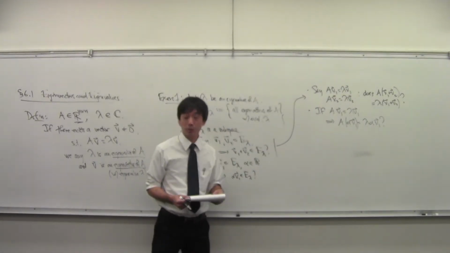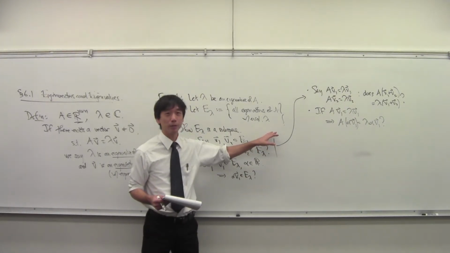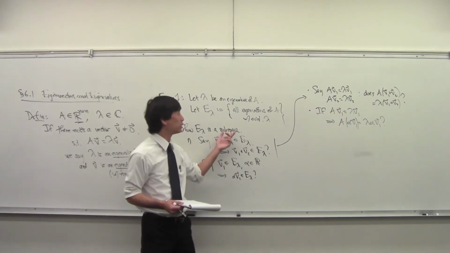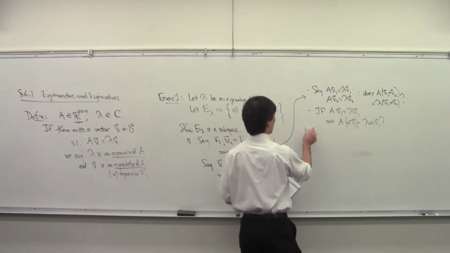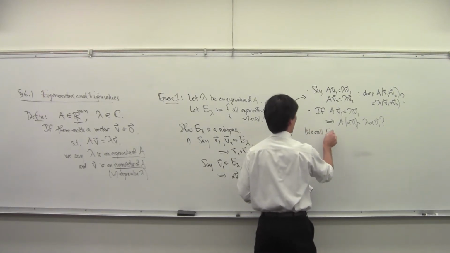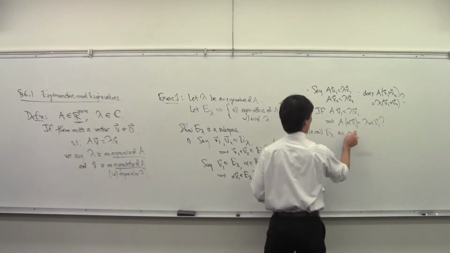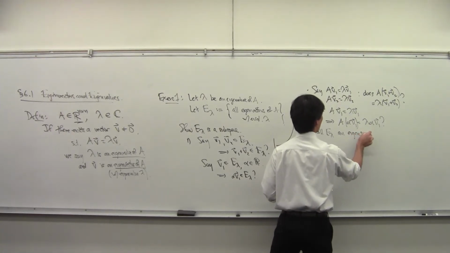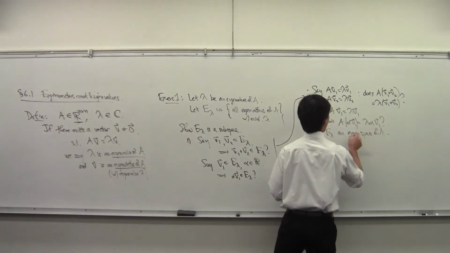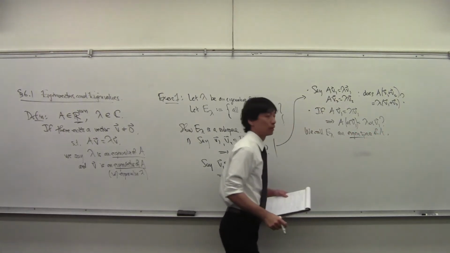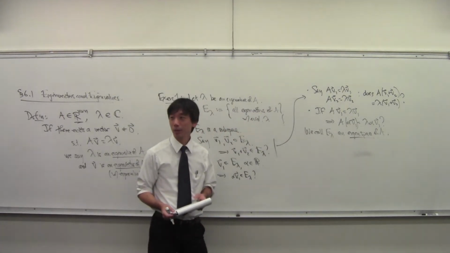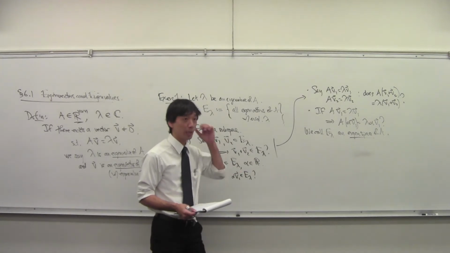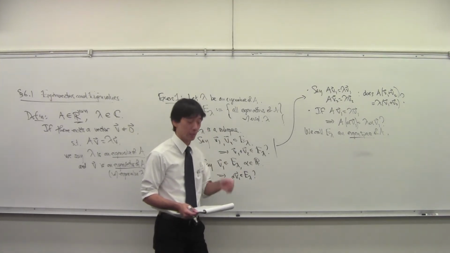So the set of all eigenvectors forms a subspace. We call this E sub lambda an eigenspace. The collection of all eigenvectors corresponding to a particular eigenvalue is called an eigenspace.